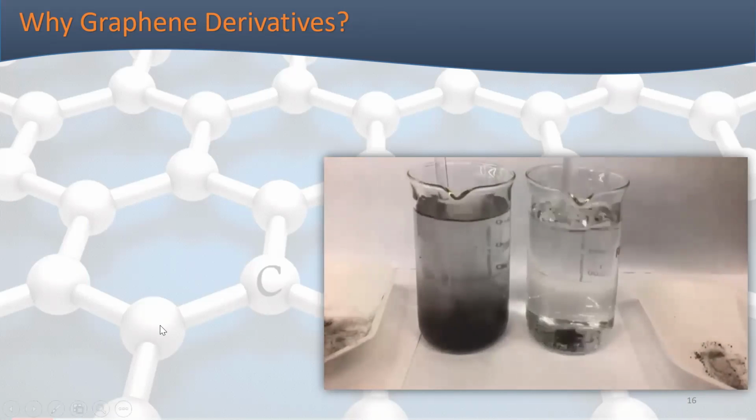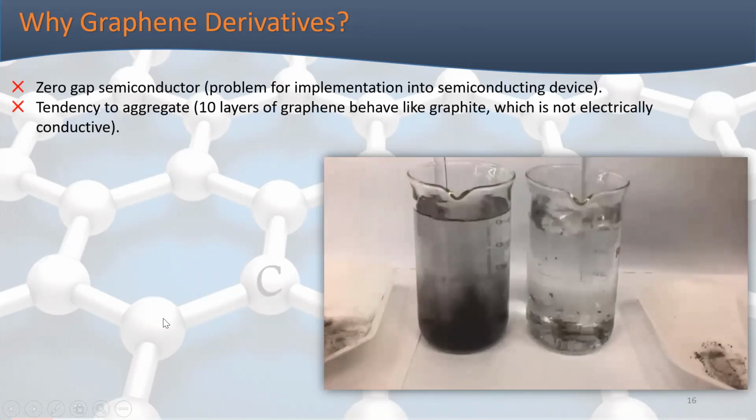This leads me to my second point. Now, you might wonder and ask, if graphene is an amazing material itself, why is there a need for graphene derivatives? Well, that's okay. I will tell you why.